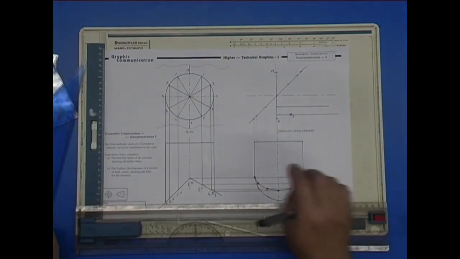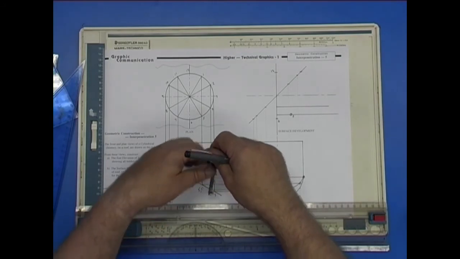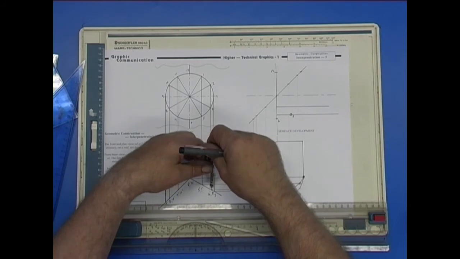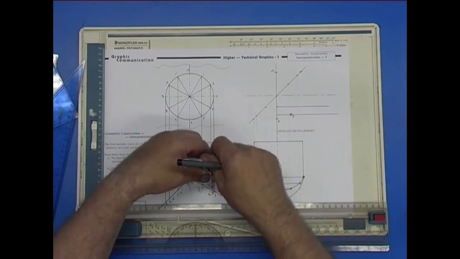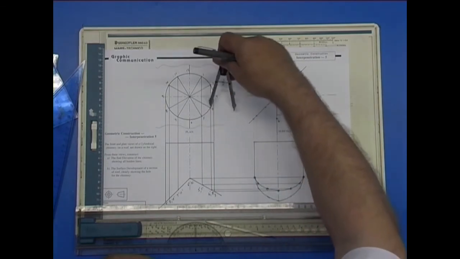And the distance out for 4 shows the true distance from the apex to 4.